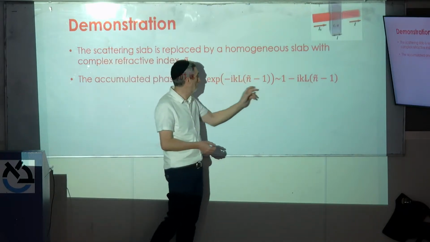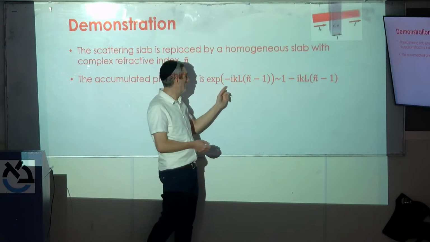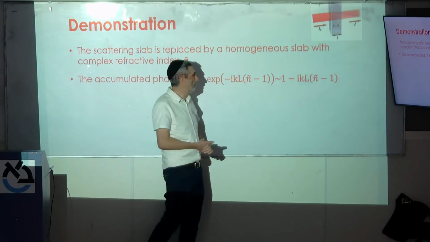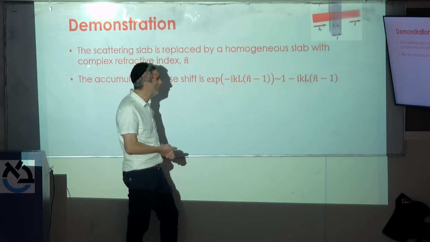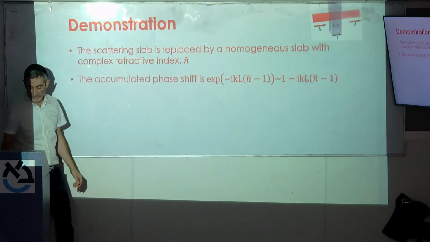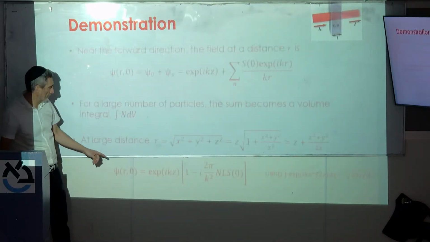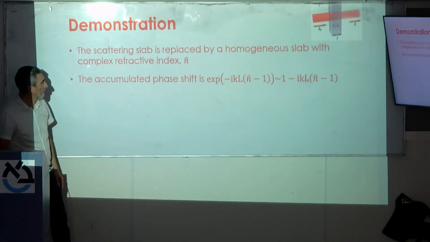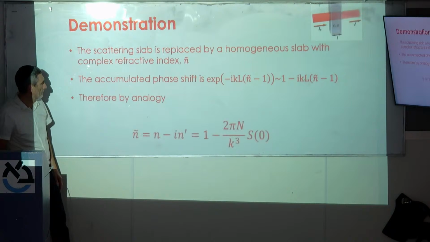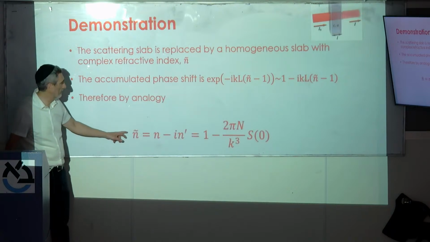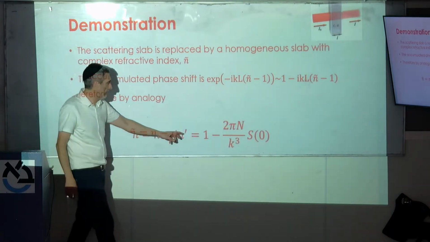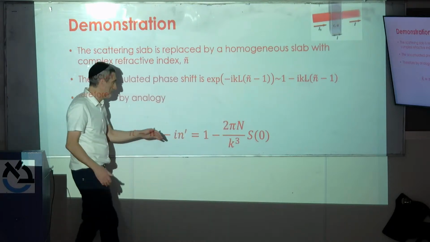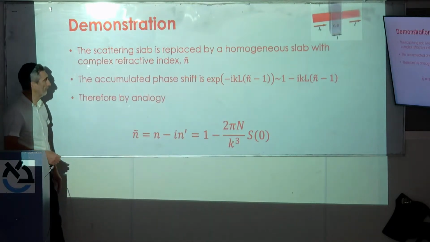You can expand the exponential to 1 minus ikl (n minus 1). And then by analogy with this expression here, you find that n tilde is given by this term here, which has a real part and an imaginary part.